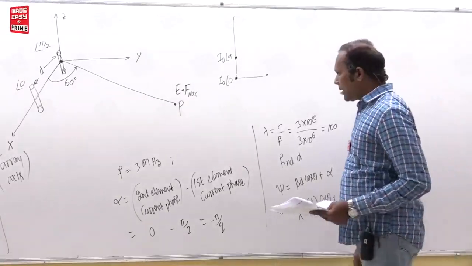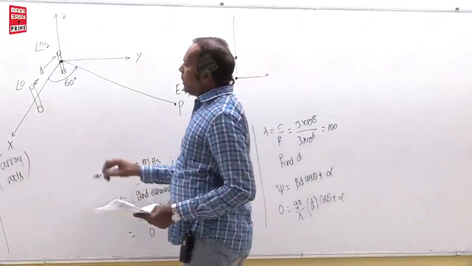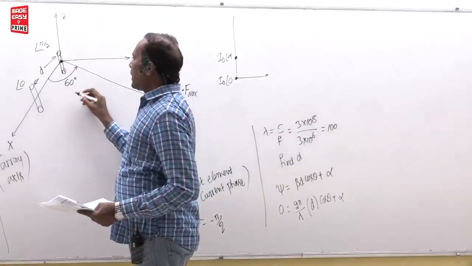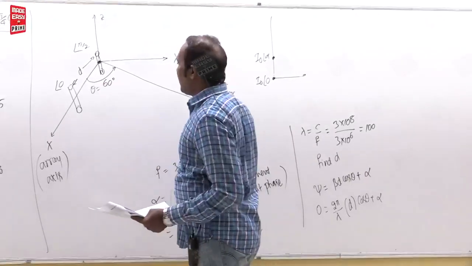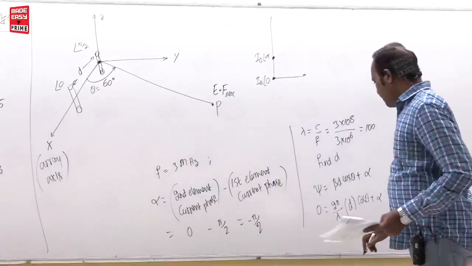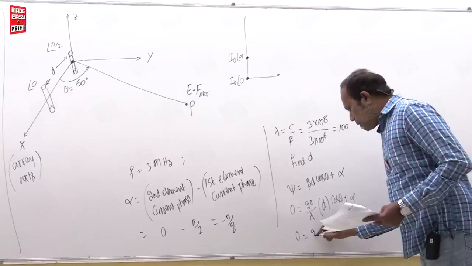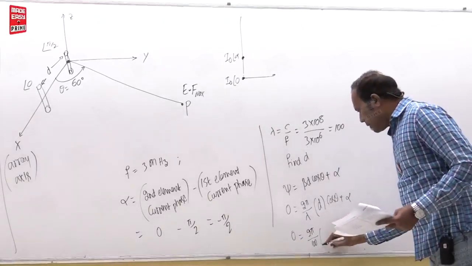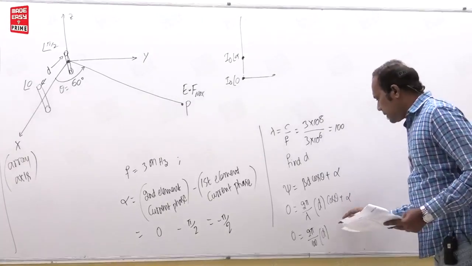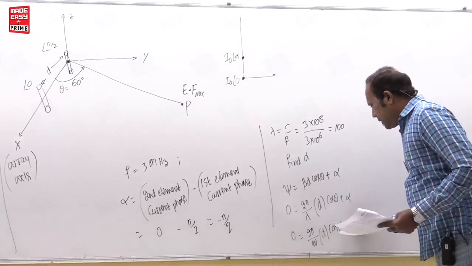Can you tell me what is theta? Theta is angle between array axis and line drawn from origin to the electric field point. This theta is given. Okay. So 0, 2 pi by lambda is 100. D is required, cos 60.